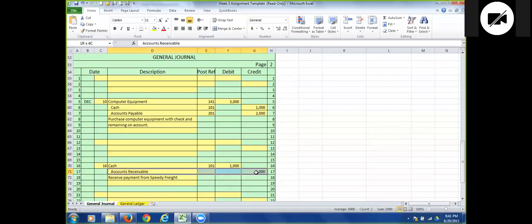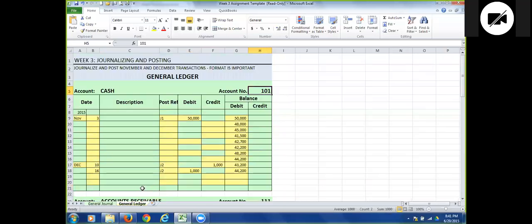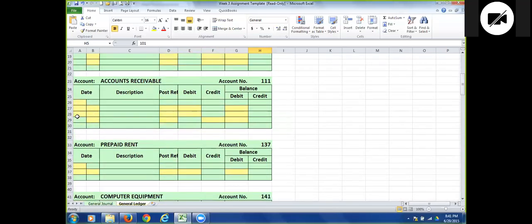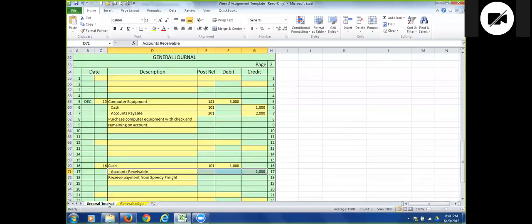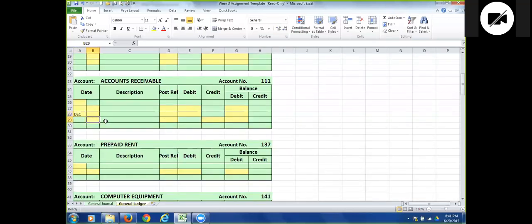Accounts receivable credit of 1,000. So we find our accounts receivable, and I believe that one, let me make sure I'm putting this one in the right place. And that was December, which one? 16th. So that one's going down here.